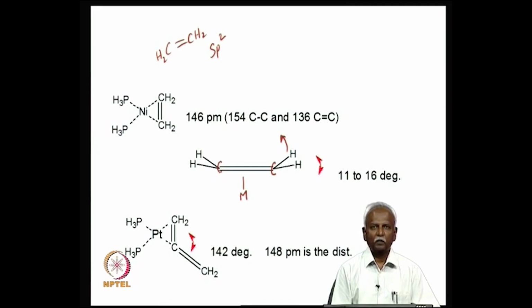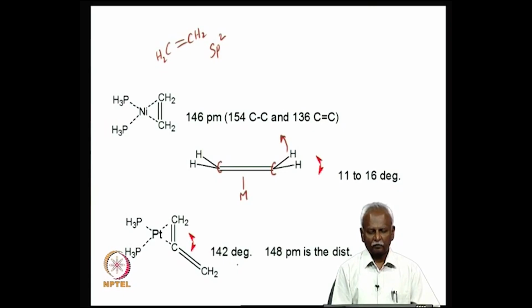We just talked about the mild steric interaction that can be present. There is also an electronic effect that makes the carbons bend away in such a fashion that there can be better overlap between the metal and the carbon orbitals.